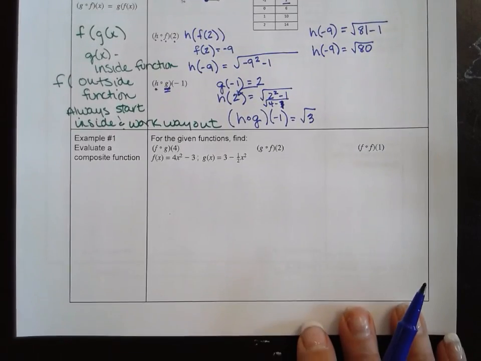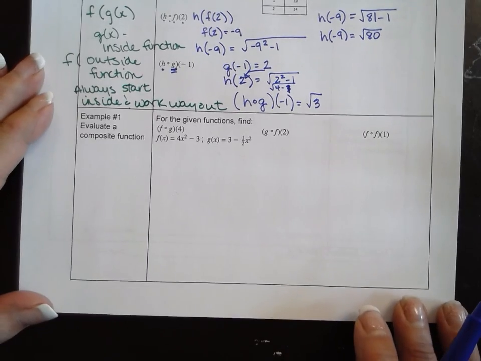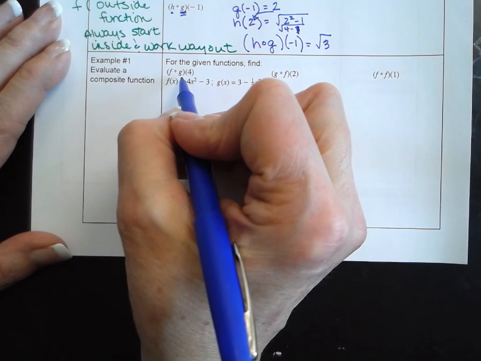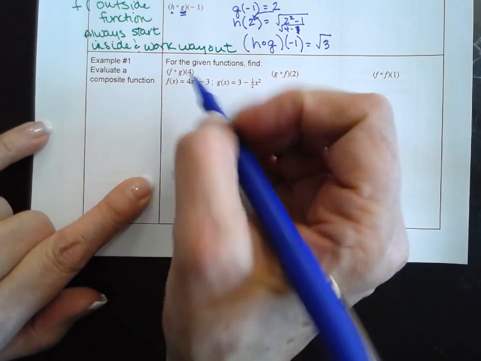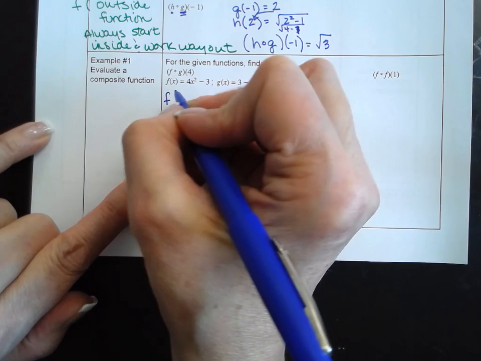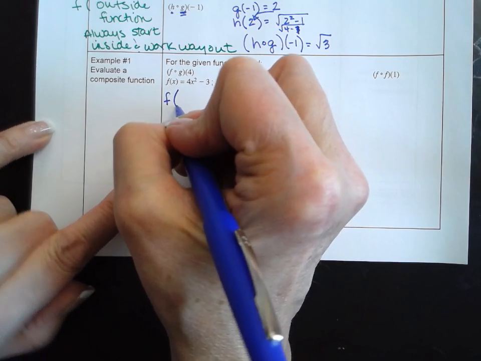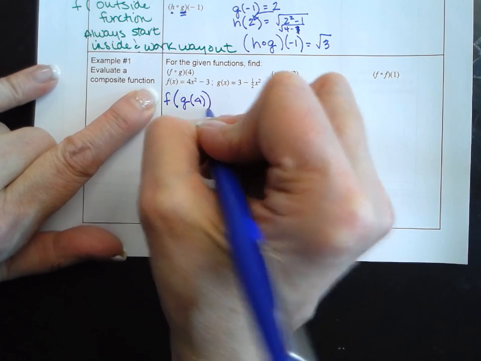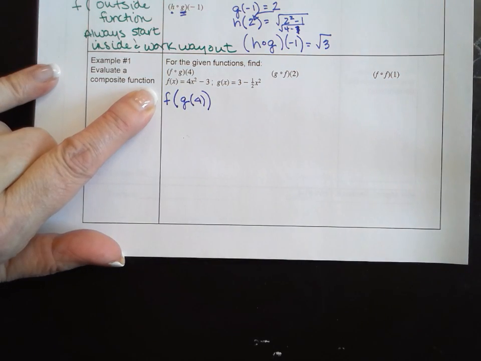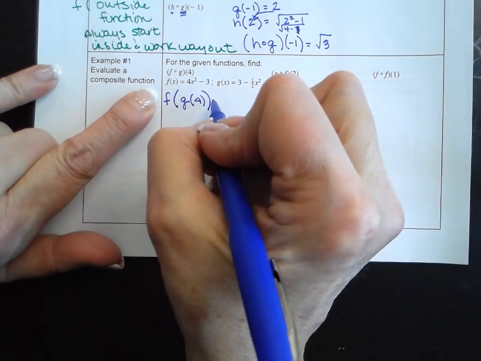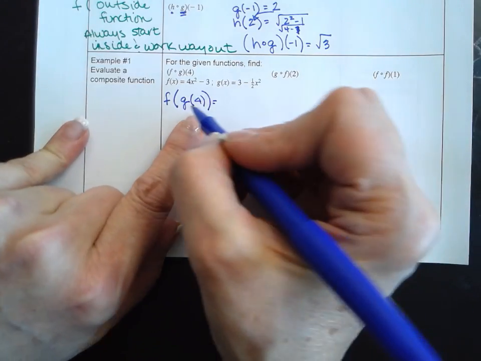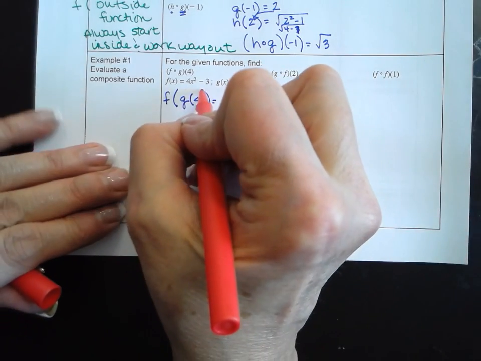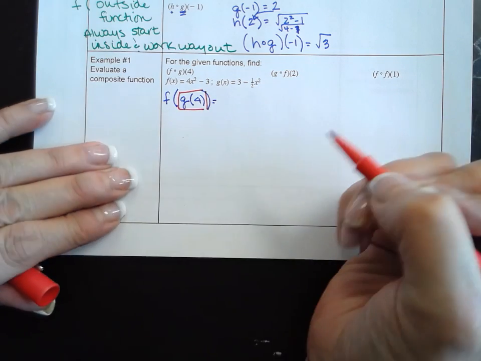Okay, so let's evaluate the f composed of g of 4. So that's like saying I'm going to do the f of g of 4. That means the first thing I'm going to do is evaluate the g of 4.